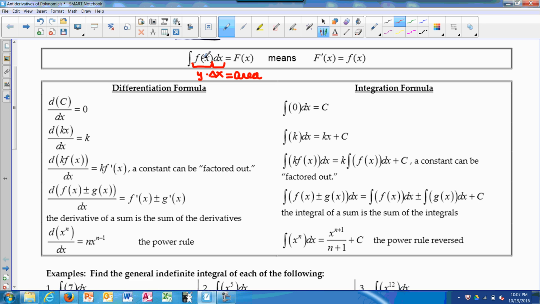But it also represents the integration symbol, saying if we go backwards from f of x, we would get the original function of a higher power. So if we take the derivative of capital F of x, then it would come out to be the smaller f of x.